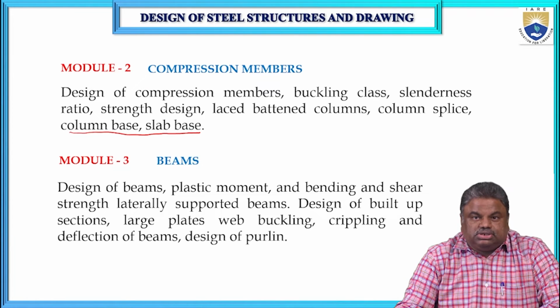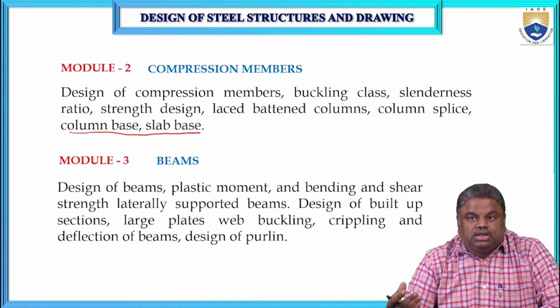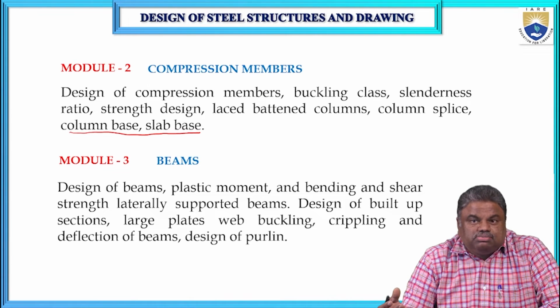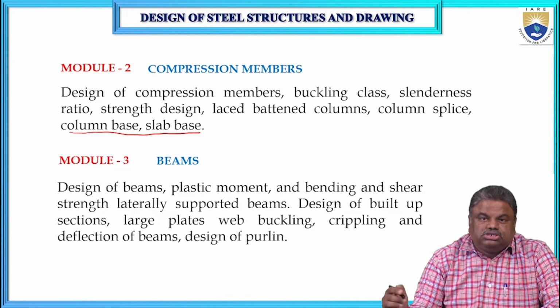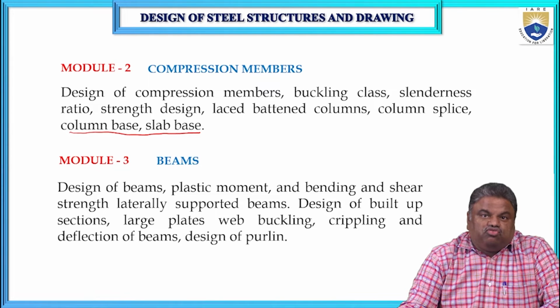Design of built-up sections, and plate girders with web buckling and web crippling. What is web buckling? And deflection of beams and design of purlins. So this entire module 3, we are going to cover the design of beams.